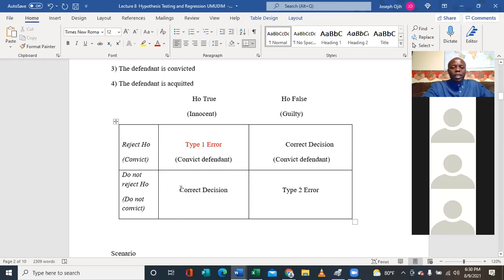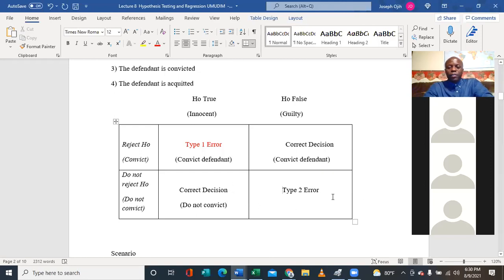Now, if the H0 is true, that means the defendant is innocent, and the jury did not convict them, then they have made a correct decision. Do not convict, acquit. That means they made a correct decision.